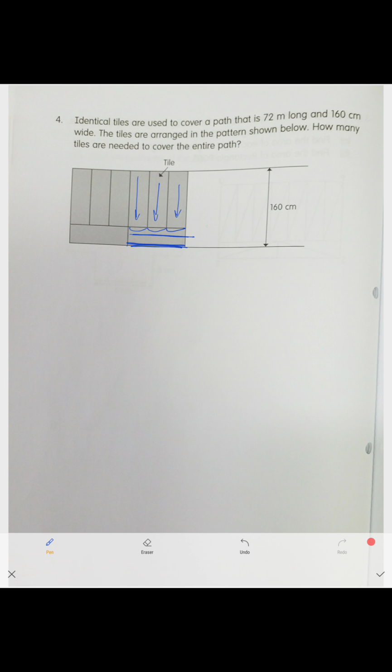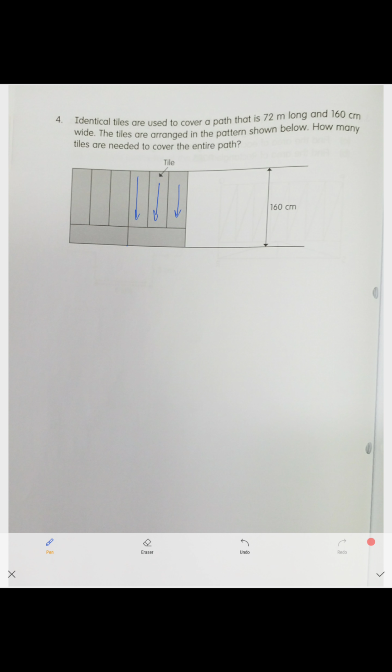How do we do that? Well, first of all, we look closely at the picture, and we can see the way it's stacked. These three tiles are the same as this tile. We can see that the length of the tile is 3 times the breadth. 1, 2, 3 makes up the length.